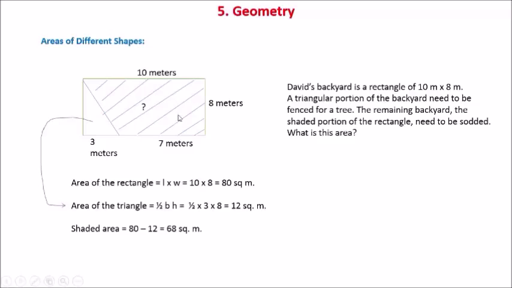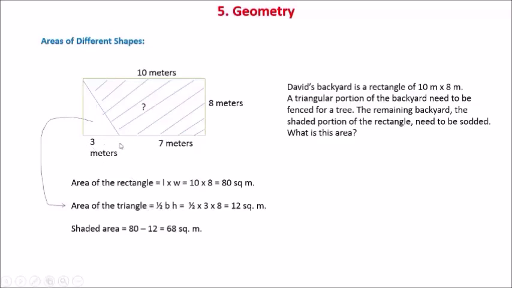So you want to find the area of this shape here. For this kind of shape, we don't know the formula. We know the area for rectangles and triangles, so you always need to think through the problem. I know how to calculate the area of the whole big rectangle: L times W, 10 times 8, is 80 square meters. Then this little triangle that you don't want, area of a triangle is half times base times height.